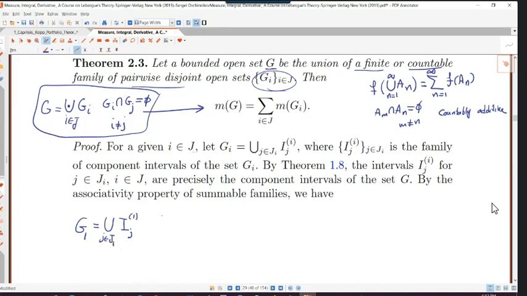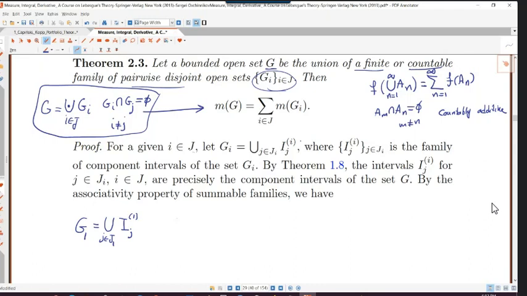For example, G1 is I1 union with I2 up to infinity. Maybe it is infinity or finite, so we don't write it.